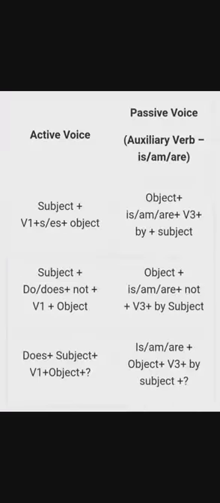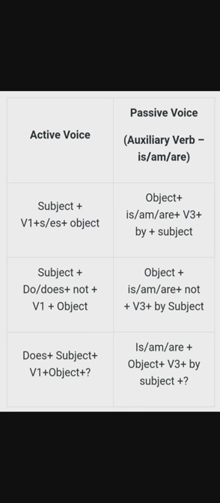So here, children, first of all we have to study the grammatical rule. The active voice sentence would be: subject plus first form of the verb plus s or es plus object. Like the example was Ram plays football. Alright, see, try to match. Ram plays football.